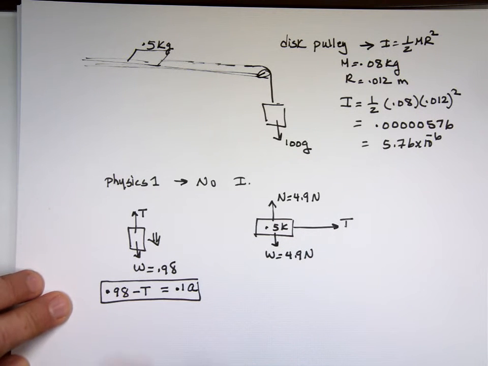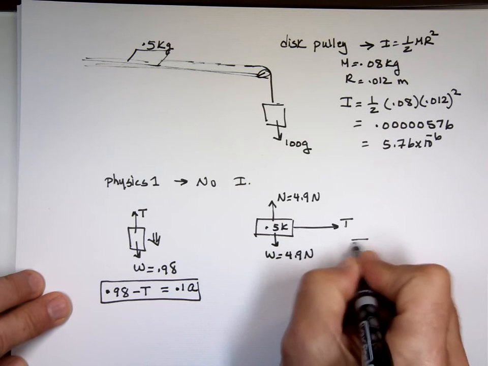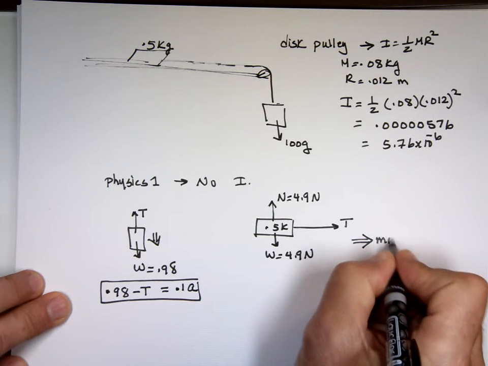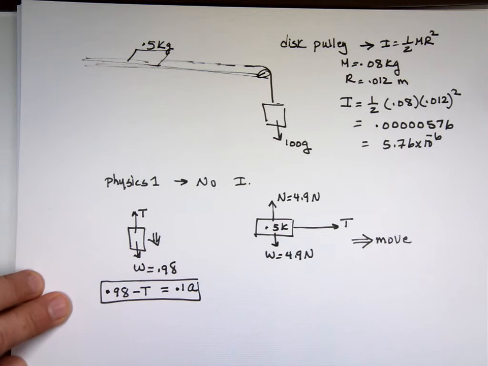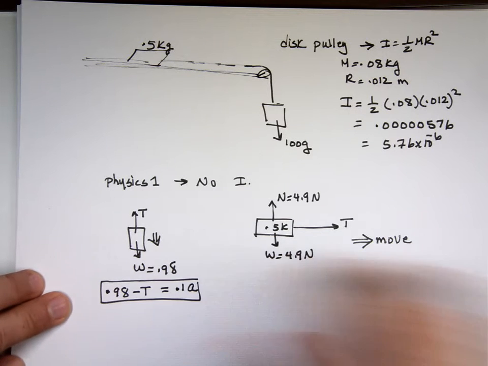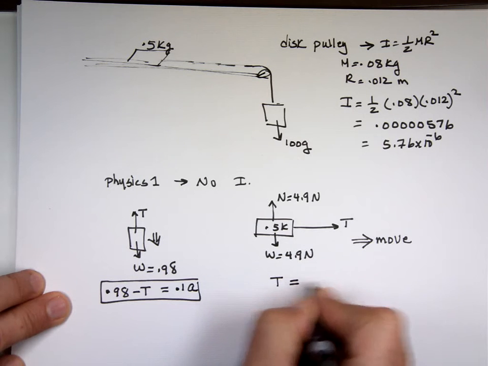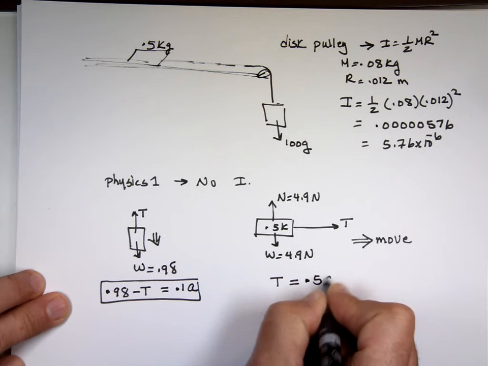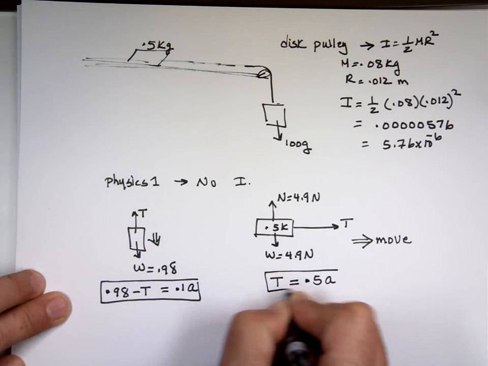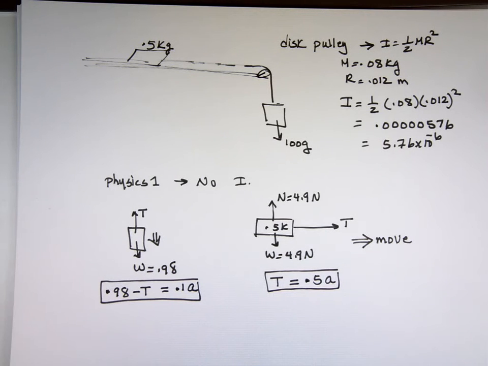Which way was it moving? It was moving to the right. Newton's second law says the net force in that direction, which is only the tension, equals the mass times the acceleration. And those are the two equations that we had.